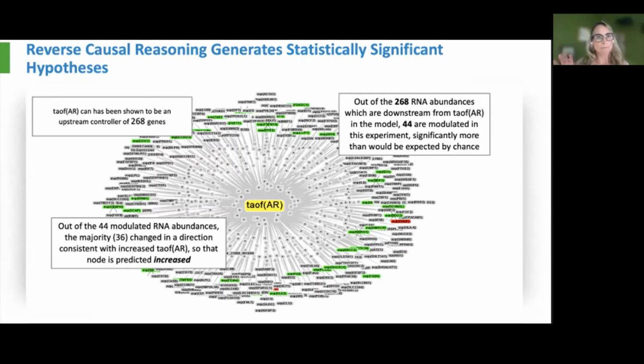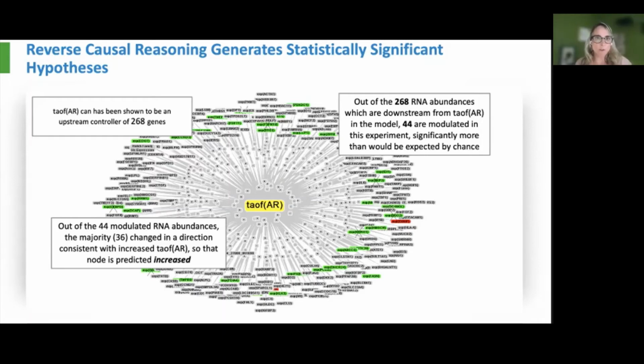This particular directed network becomes important in 2 seconds, actually: it has 268 downstream entities, and in this case, 268 RNAs. A handful of papers were curated where somebody perturbed the androgen receptor, probably did a microarray experiment, looked downstream, and identified 268 genes from one or more experiments that were modulated when the androgen receptor was modulated.